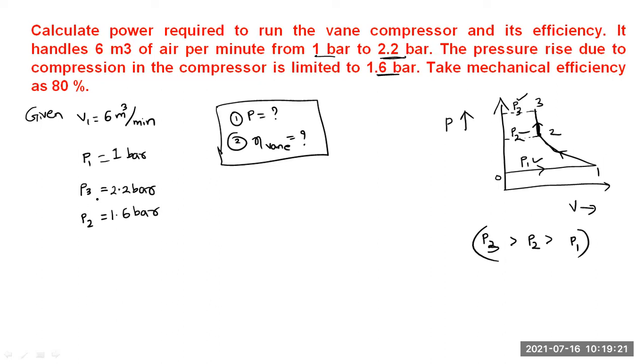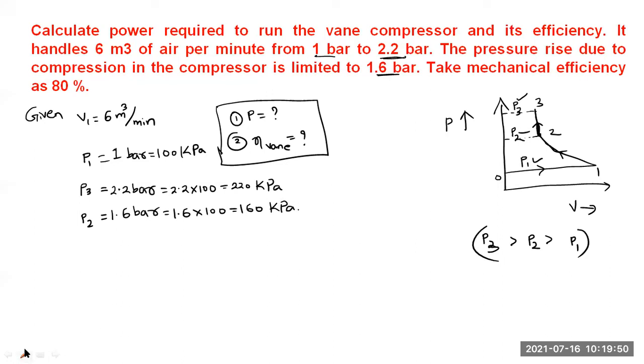Okay. Now simply we will convert this bar into kilopascal. So 1 bar is 100 kilopascal. 2.2 bar means 2.2 into 100, which will be equal to 220 kilopascal. And 1.6 bar means 1.6 into 100, which will be equal to 160 kilopascal.